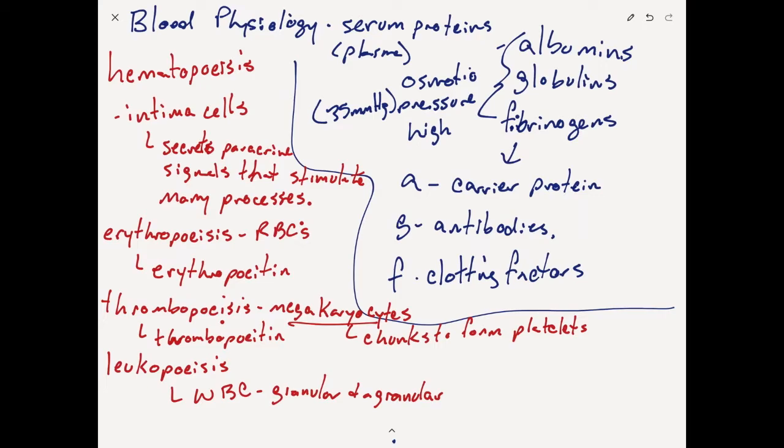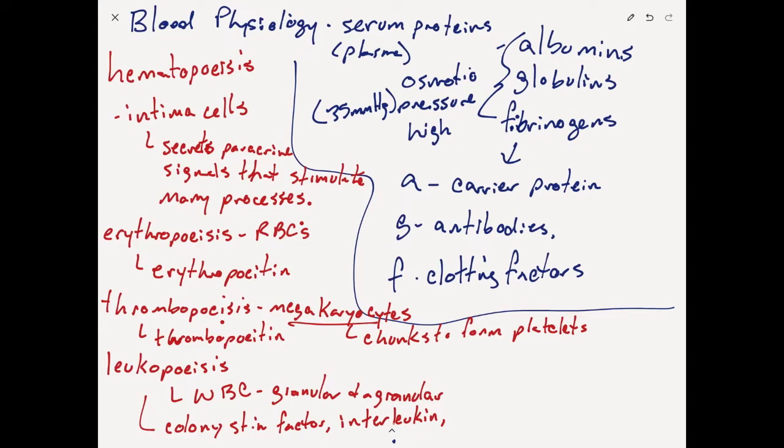So we have many different ligands that stimulate leukopoiesis. Colony stimulating factor is one. Interleukins, and there are multiple of these. A couple of you are writing papers that center on interleukin physiology.